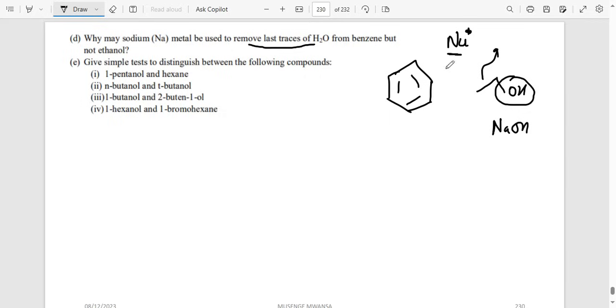So in benzene, you can form sodium hydroxide. You are grabbing water from it, and that will be used to remove last traces of water. If you have any water in this molecule, the sodium reacts with it, forming sodium hydroxide, and that removes it. Sodium hydroxide, we know we can form as a solid, and you can remove it. But this guy would dissolve the sodium.